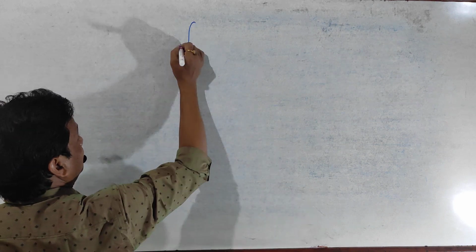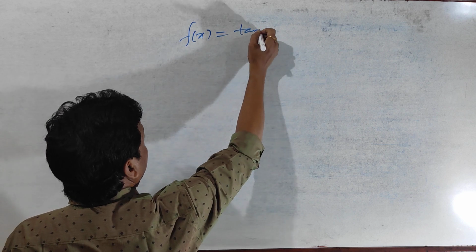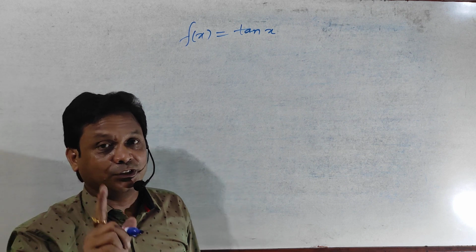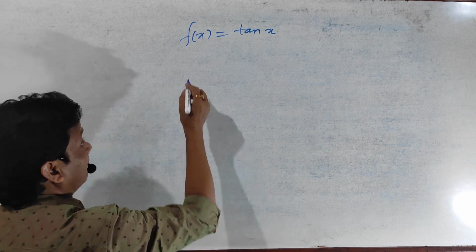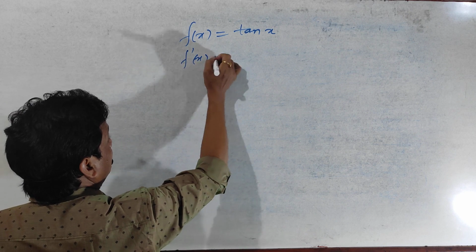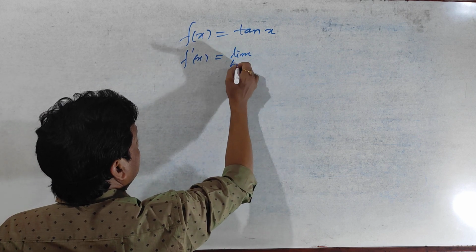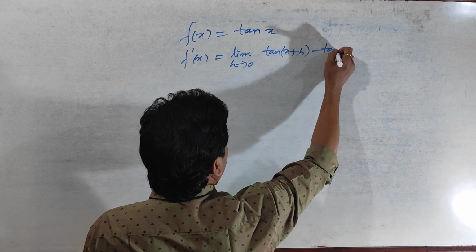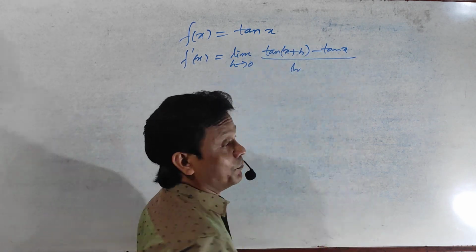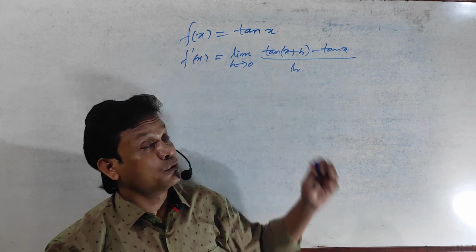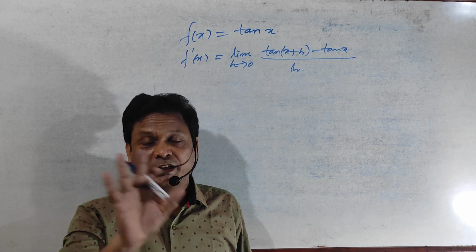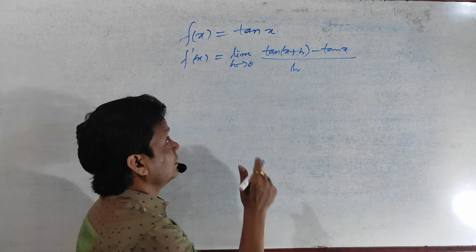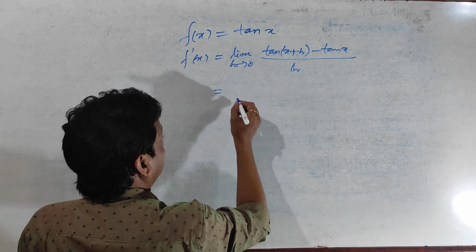Now, another example I am going to tell you. f of x is equal to tan x. I will do tan x, and for you, the homework will be cot x. f dash x is equal to, see here, limit h tends to 0, tan of x plus h minus tan x divided by h. In the limit chapter I have given this question. Simply split the tan in terms of sin and cos, it will be better.